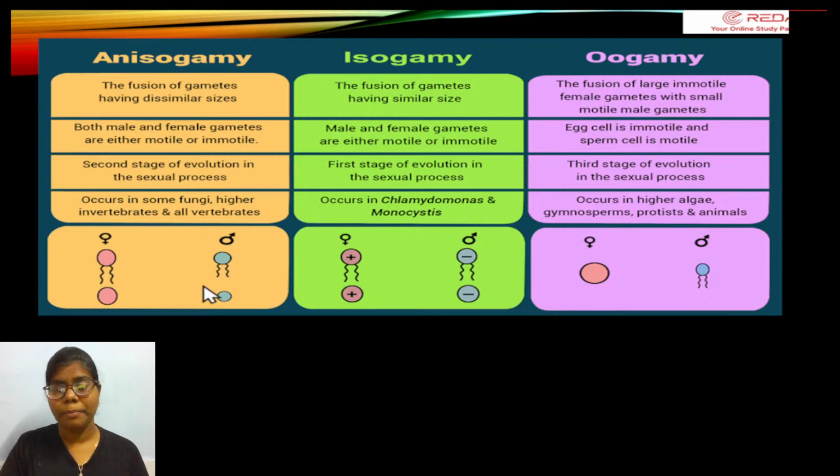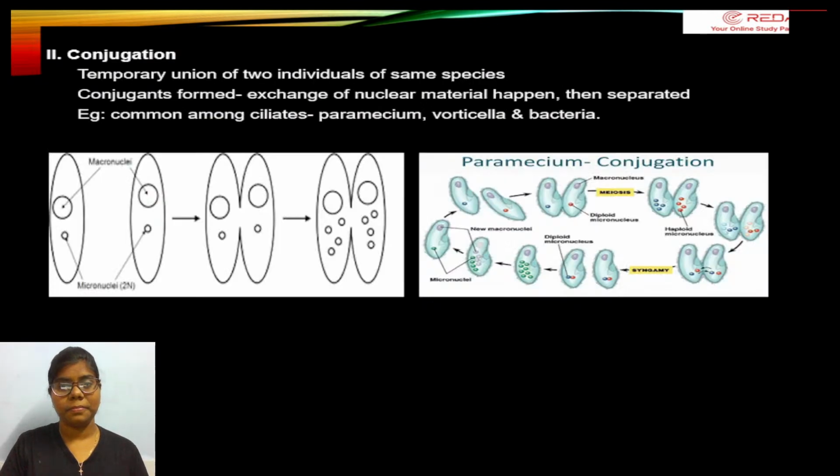That is one main difference in anisogamy. Isogamy is the same. See here, the same round with the same size. Here also the same round with the same size. So this is isogamy. Iso means similar. Aniso means different. Oogamy is totally different: an egg cell and a totally different sperm cell. So it is oogamy.